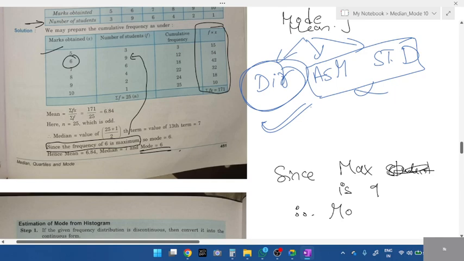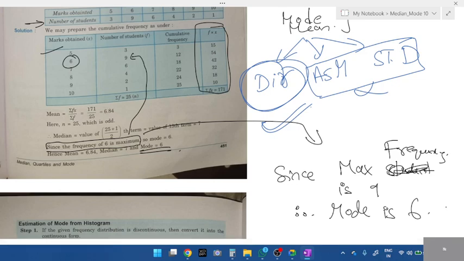Make a note of this statement. If you write the direct answer, they won't give marks. I'm just restating this, students. Since maximum frequency is 9, therefore mode is 6.